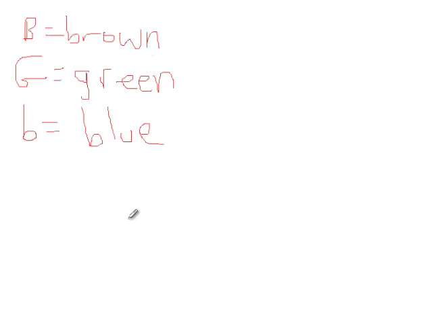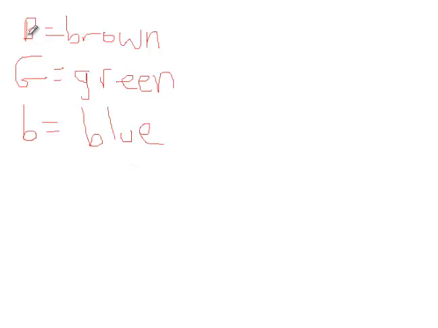Let's take another example where a capital B is brown, a G is green, and a little b is blue.